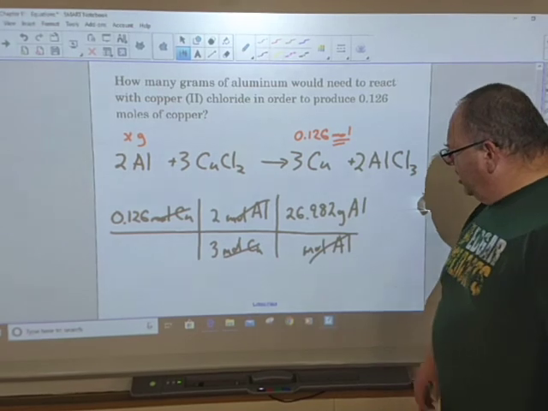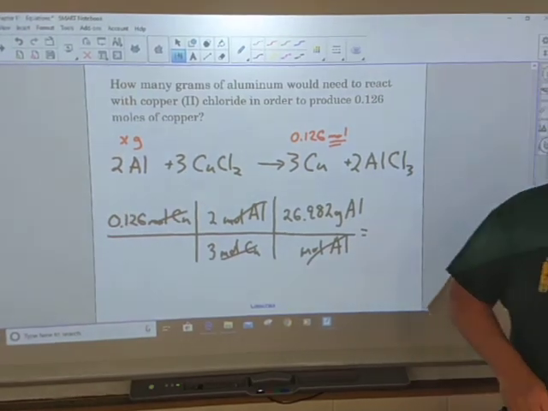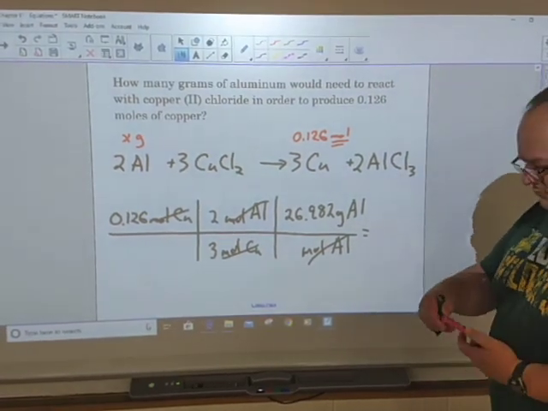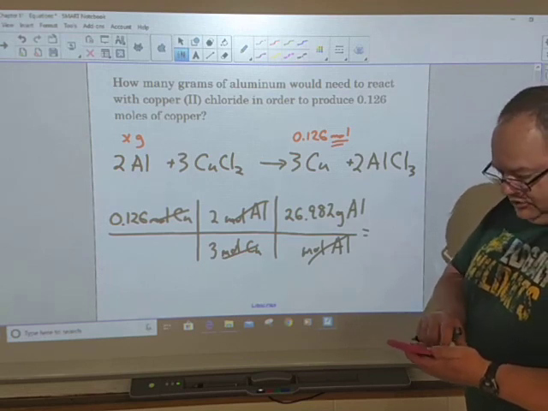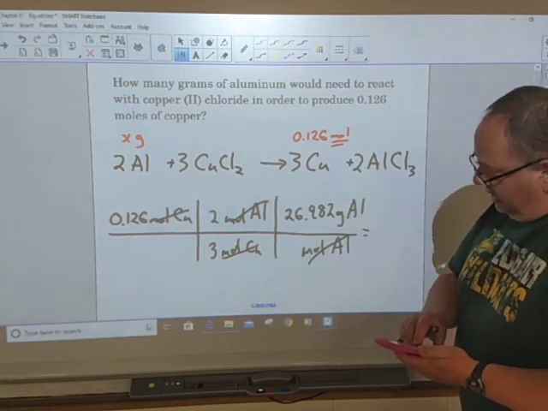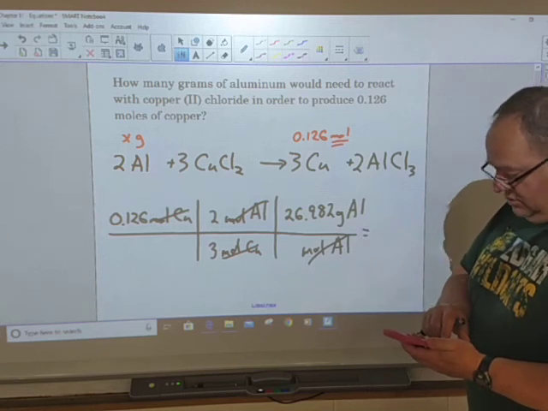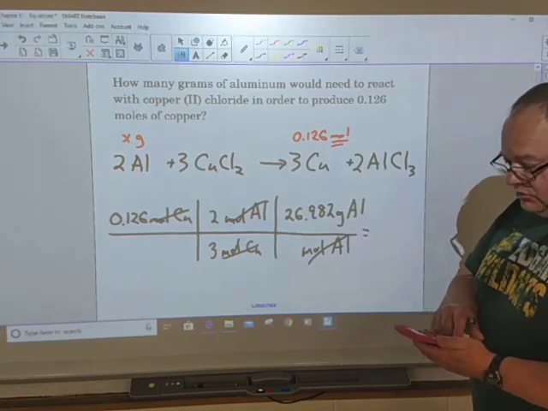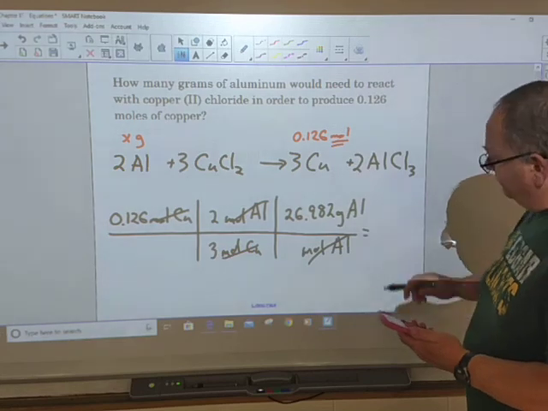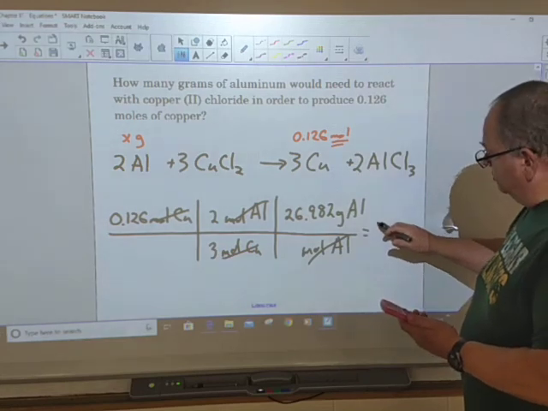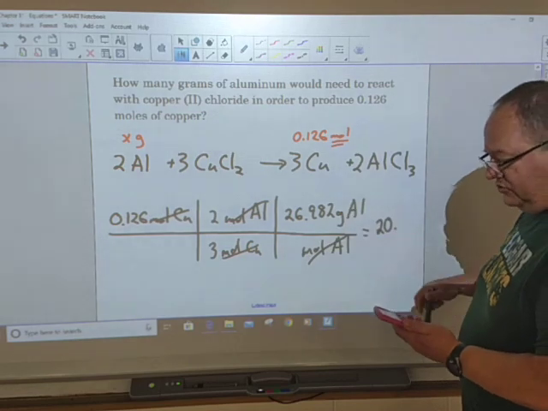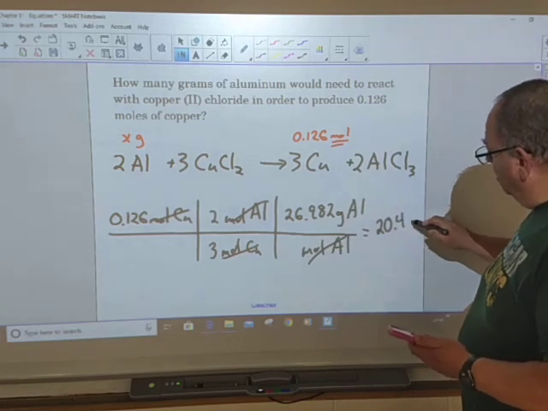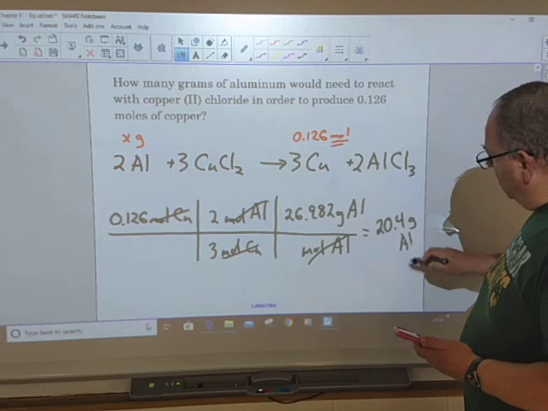Moles cross out, and let me go ahead and finish it. 0.126 times 2 divided by 3 times 26.982 equals 20, we only got 3 sig figs, so 20.4 grams of aluminum.